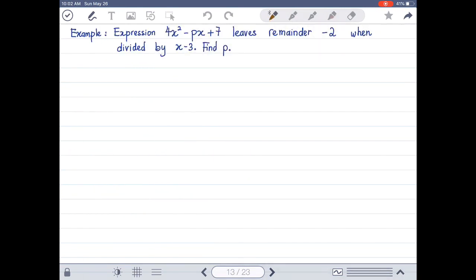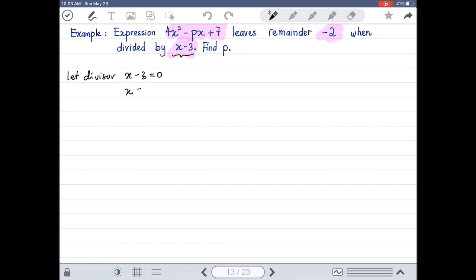Now let's move on to a slightly more complicated example. The expression 4x squared minus px plus 7 leaves a remainder negative 2 when divided by x minus 3. Find the value of p. It's quite easy. First, this is our divisor. So let the divisor x minus 3 equal 0.